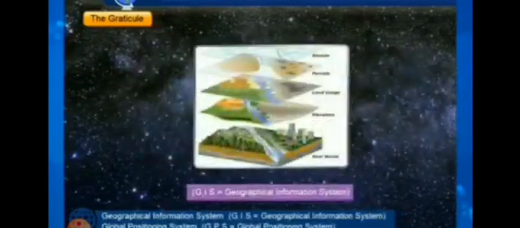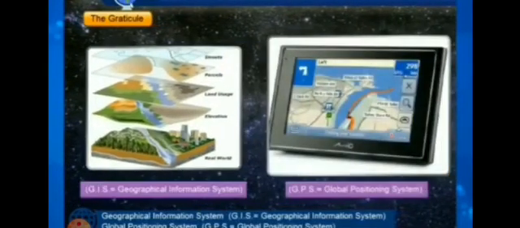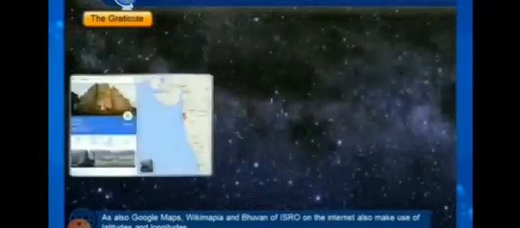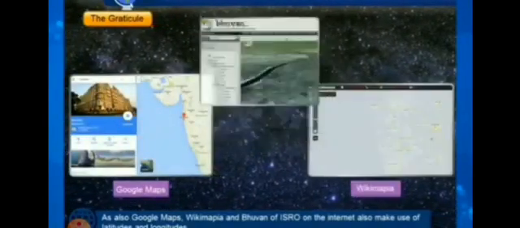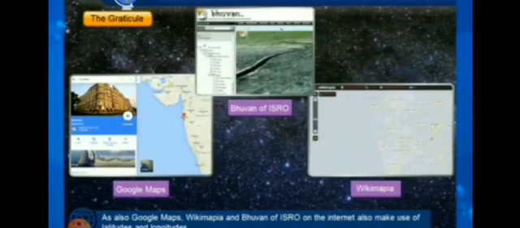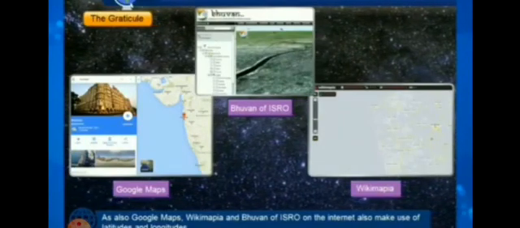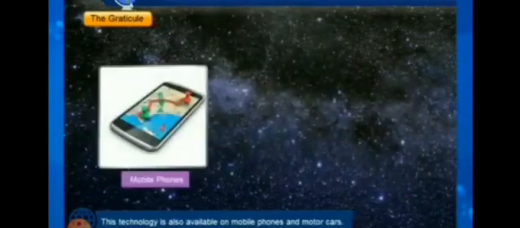Geographical Information System GIS, Global Positioning System GPS, as also Google Maps, Wikimedia, and Bhuvan of ISRO on the internet also make use of latitude and longitudes. This technology is also available on mobile phones and motor cars.